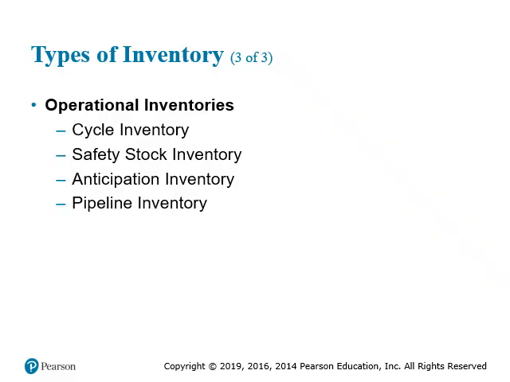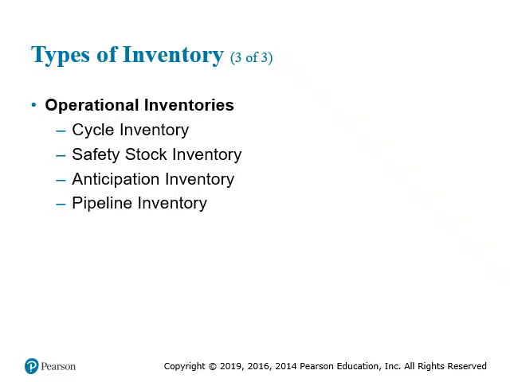So, cycle inventory is simply inventory that is being used and replaced on a regular basis. So this is kind of like when I place an order for coffee from Amazon, I know that that coffee can that I order is going to last me 2 weeks.